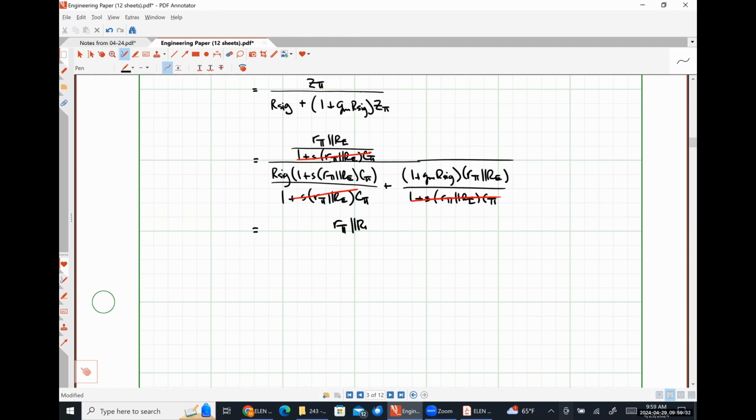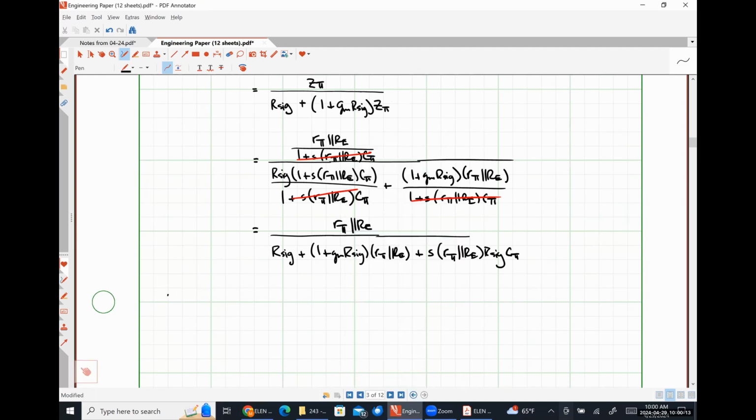R pi in parallel with RE all over R sig plus 1 plus gm R sig times R pi in parallel with RE plus s R pi in parallel with RE R sig C pi. And now we can see where our second pole is going to come from.